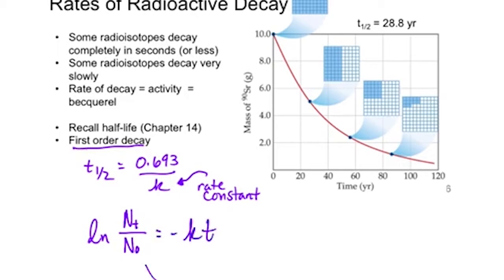Now you can use the number of nuclei in mass, you could use moles, you could even use atoms or number of nuclei, because they're all going to be proportional. As long as you don't mix your units, this will work out.